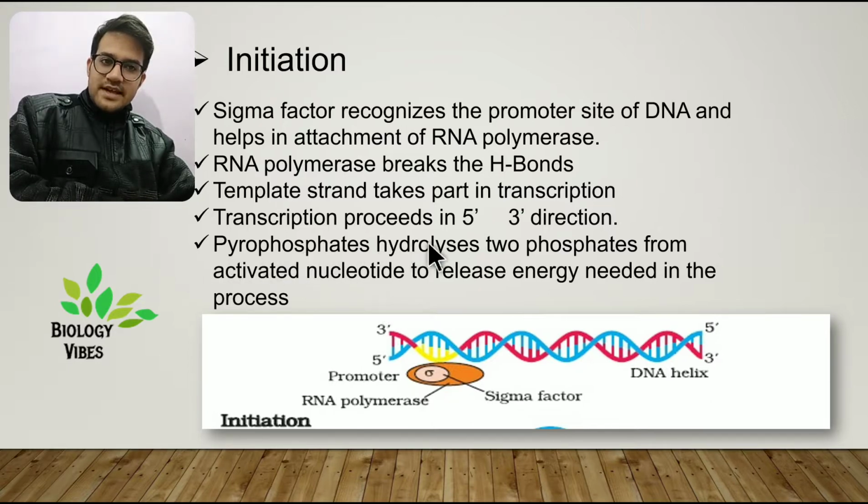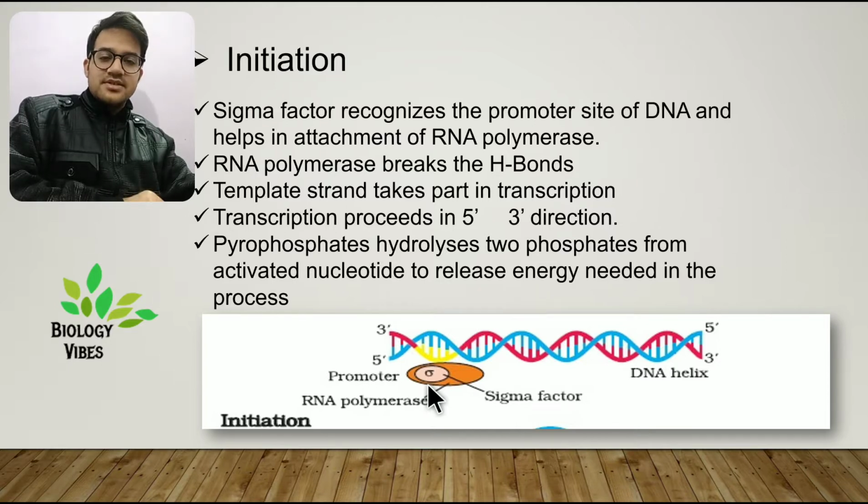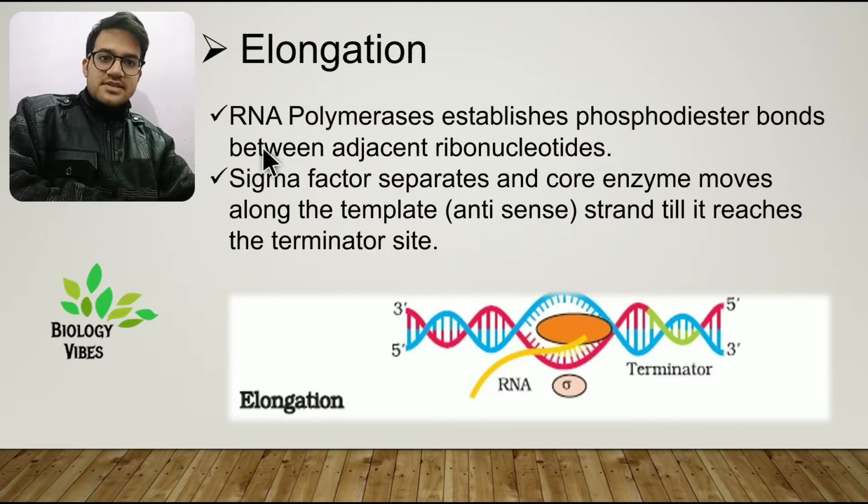So these are the enzymes which hydrolyze two phosphates and give the process the essential energy. So this is the RNA polymerase and the sigma factor. The sigma factor helps to recognize the promoter site, that means the site from where the transcription will start. That is initiation.